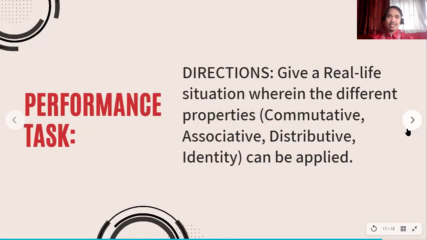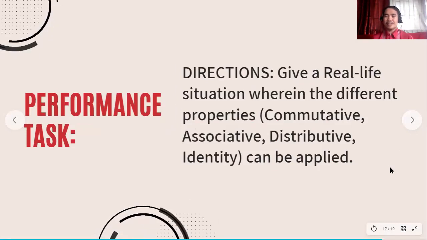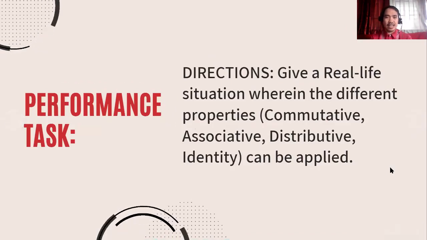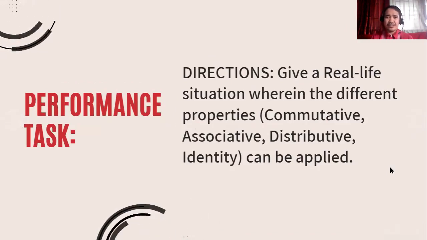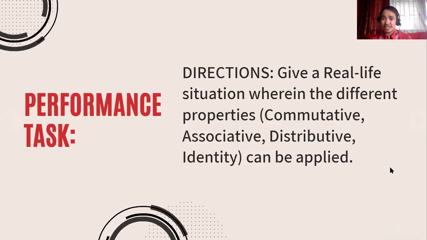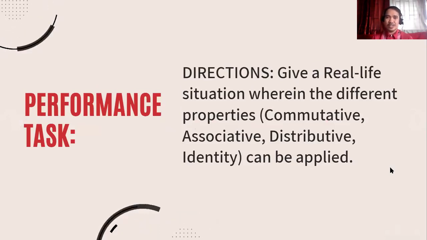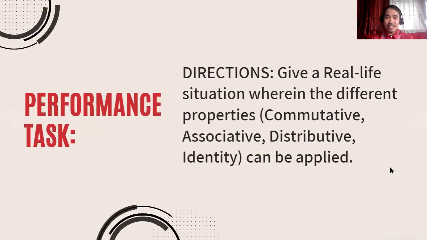Next, for your performance task, I would like you to apply it in a real world situation. Our direction here is to give a real life situation wherein the different properties, that is commutative, associative, distributive, and identity, can be applied in the real world.